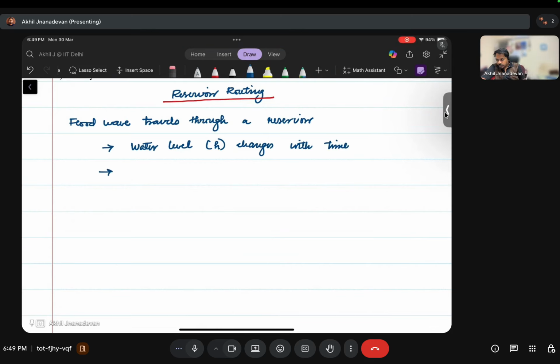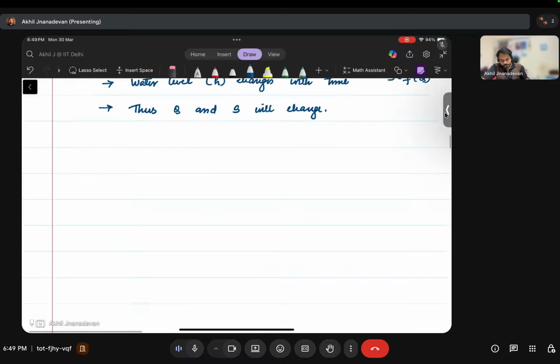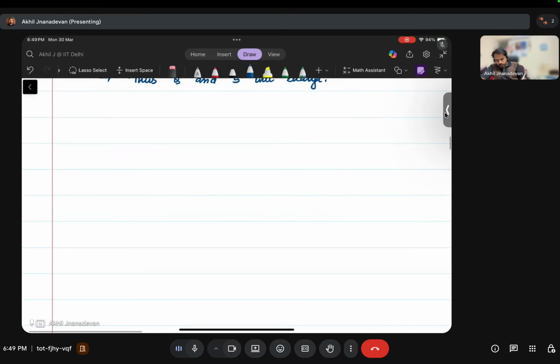When the storage changes, that is obvious. And we know in reservoir routing, storage is a function of Q. So storage will change, and obviously Q will also change. So Q and S will change. This you already know. So we have an inflow hydrograph, or flood hydrograph, coming.